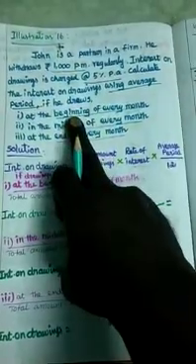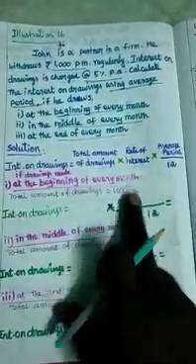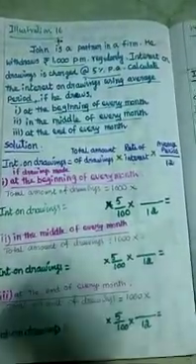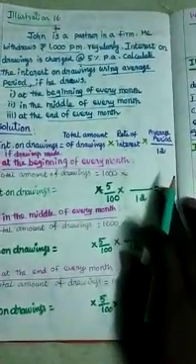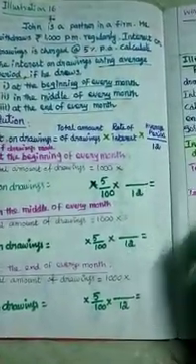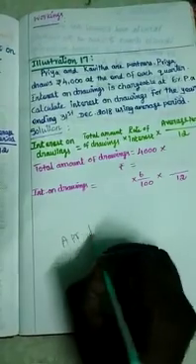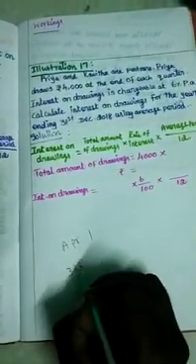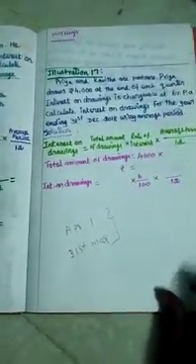So the first situation is the beginning of every month, that is 1st January. The academic year opening and closing date is not given. Imagine the academic year is April 1st to 31st March. April 1st he is going to withdraw the amount.